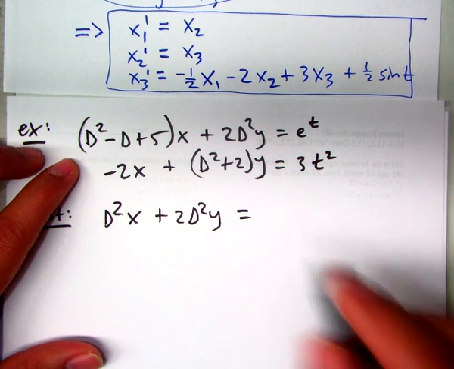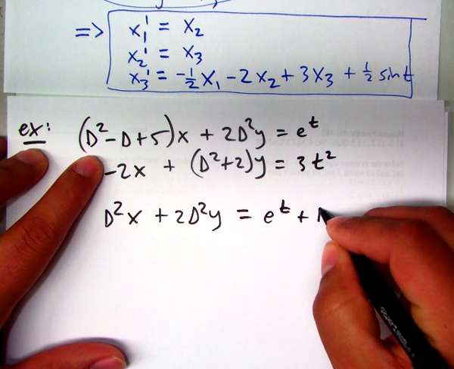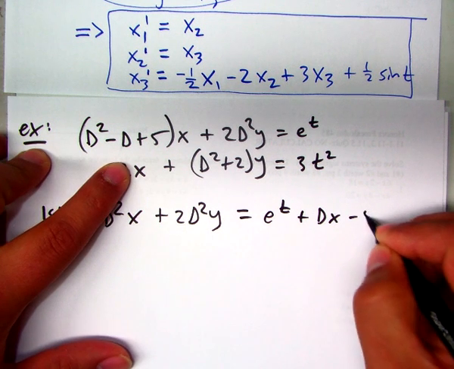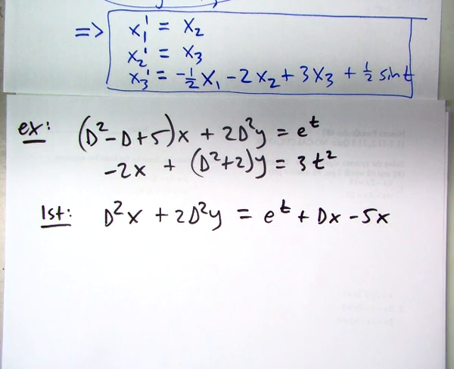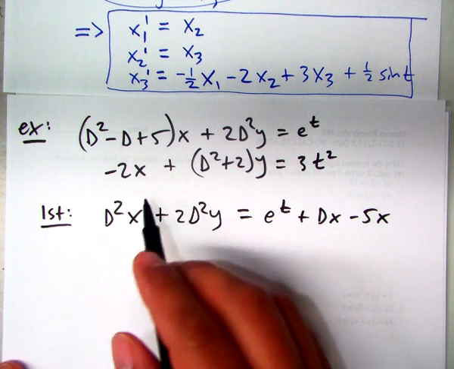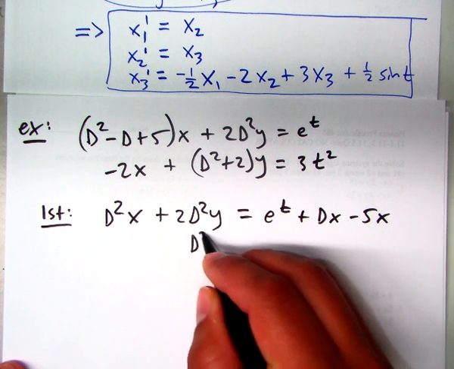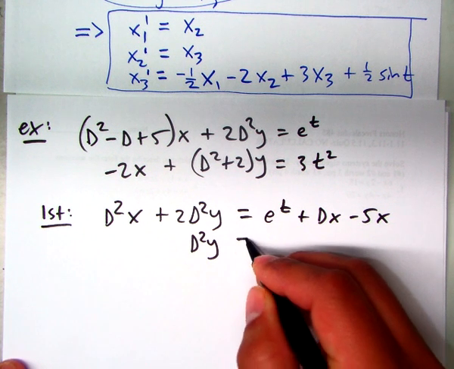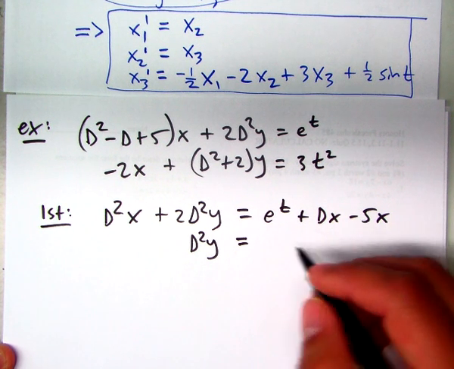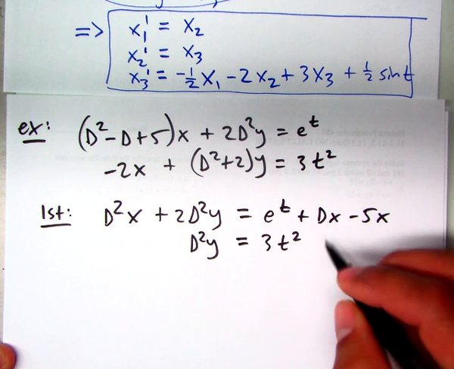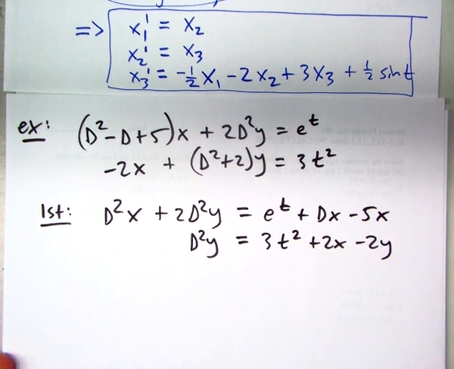So we're going to have e to the t, and I'm moving over the Dx and the 5x. From the second equation, we just have one second order derivative, and that's just D²y. And then again, I'll move everything else to the right. So 3t² plus 2x minus 2y.